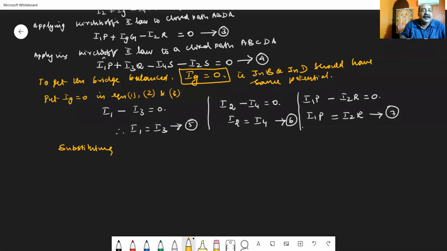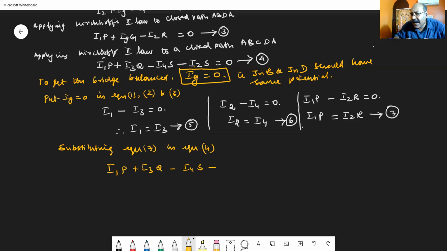Substituting equation 7 in equation 4. You see, I am writing it as I1P plus I3Q minus I4S minus I2R.